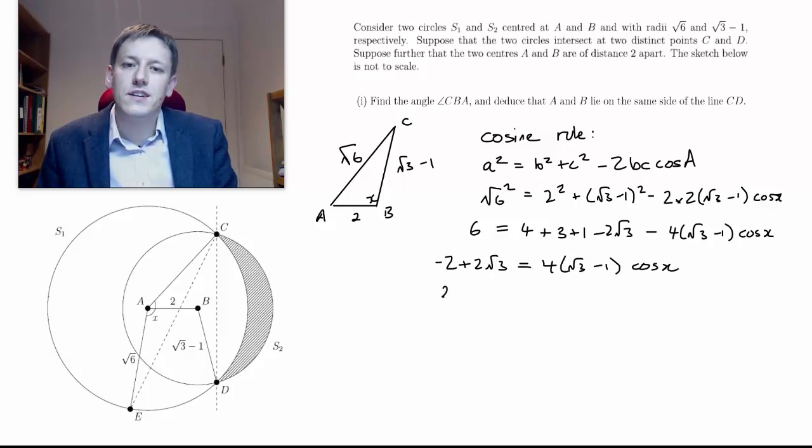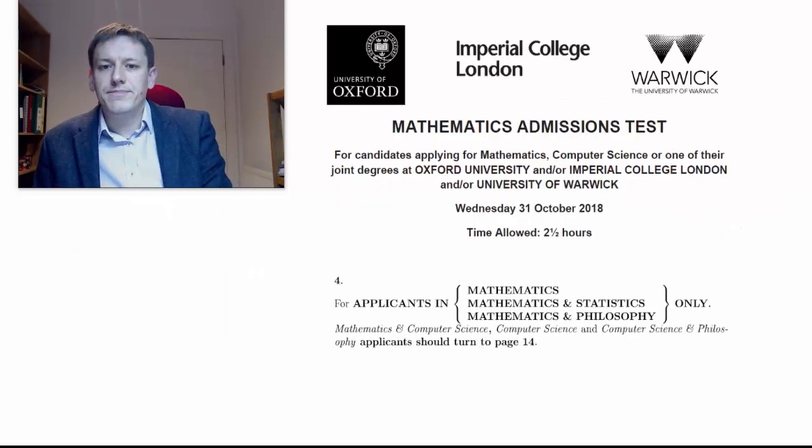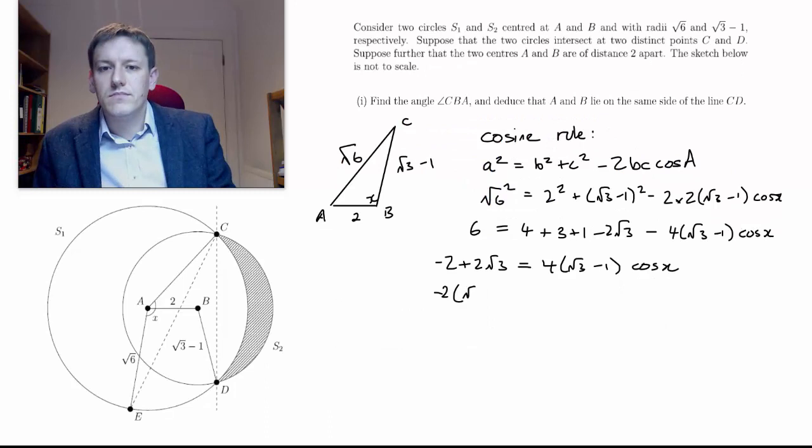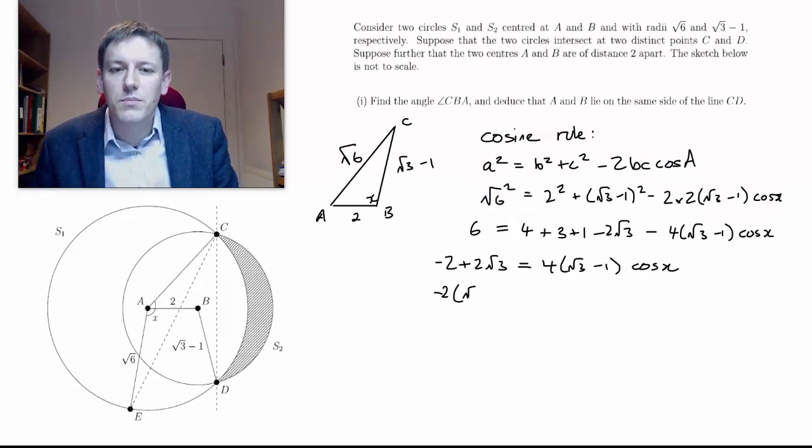So the left hand side here factorizes as, well, I can do it as minus 2 times (1 minus √3), I suppose. Let's just write it like that.